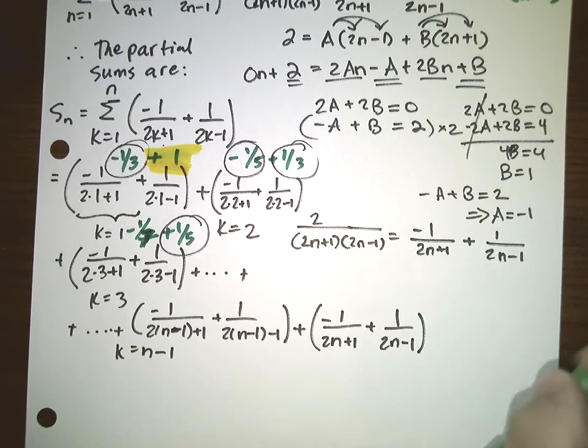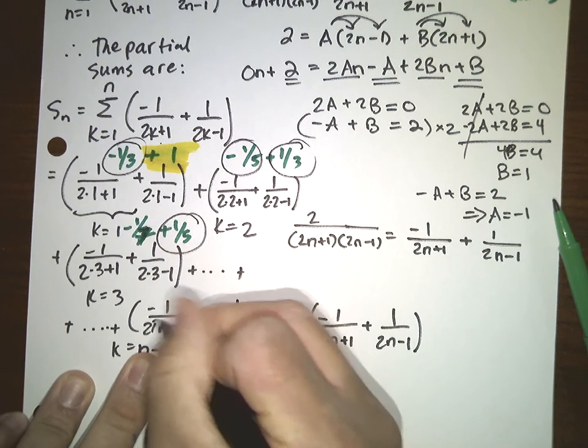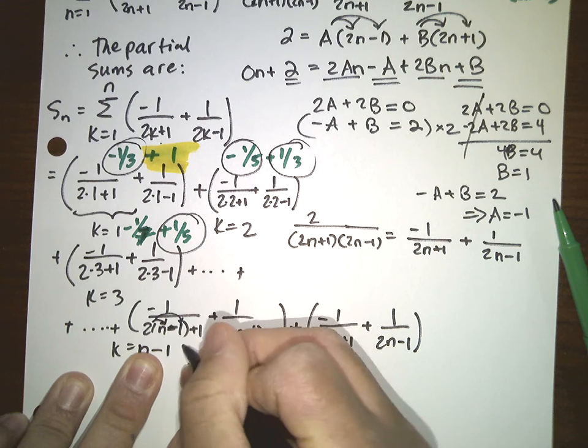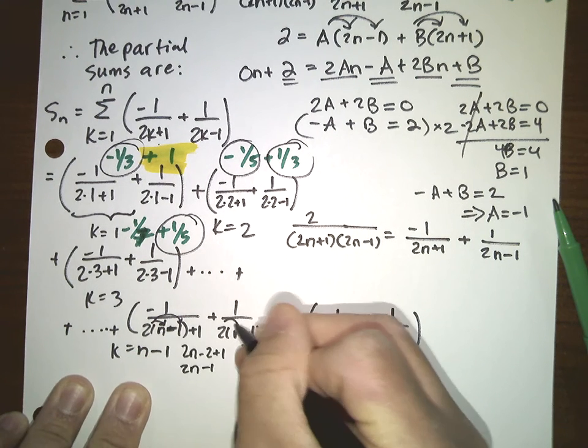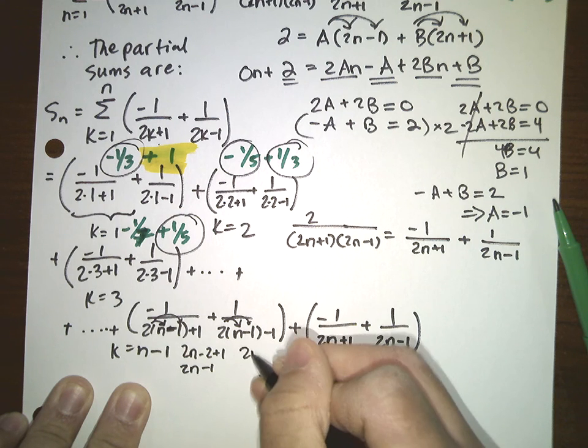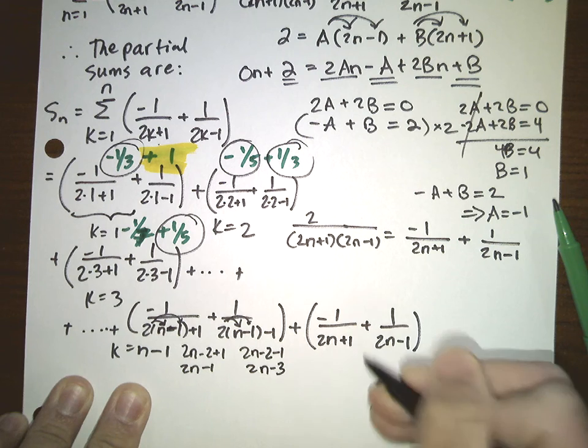And then for the terms with the n's in them over here, if I distribute the new denominator, 2n minus 2 plus 1 is 2n minus 1. Then 2n minus 2 minus 1 is 2n minus 3.